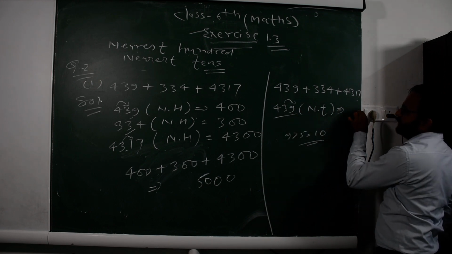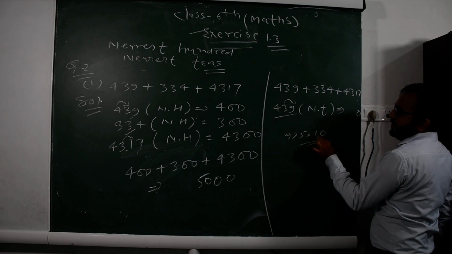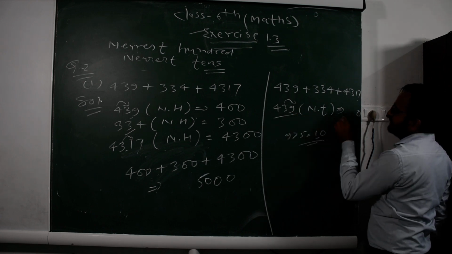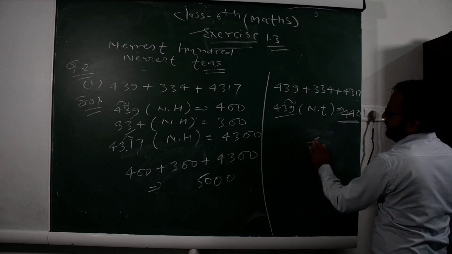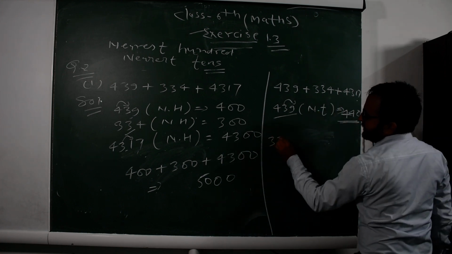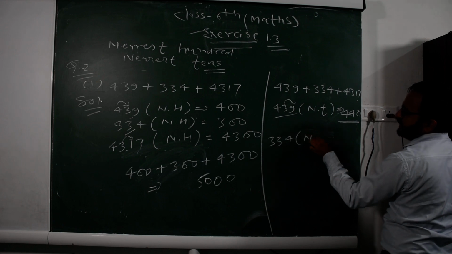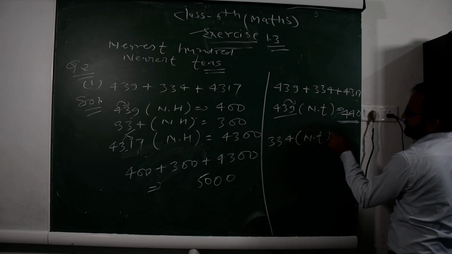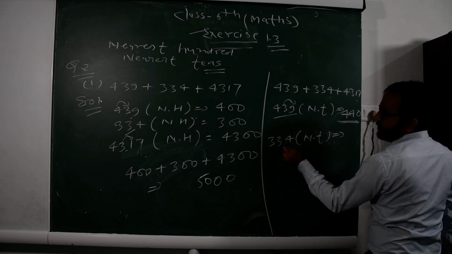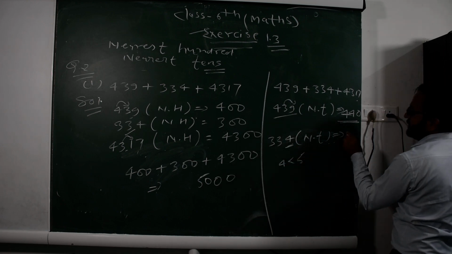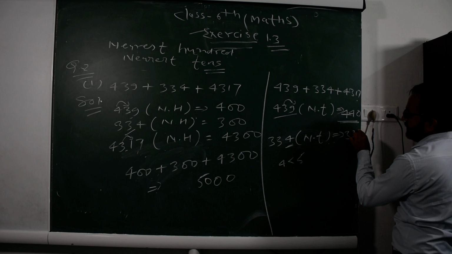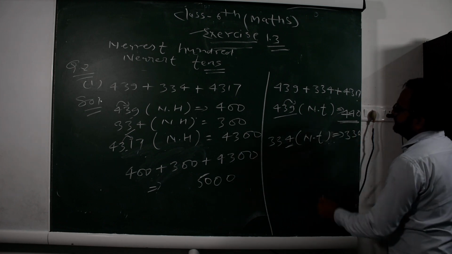So we put 0 and 1 plus 3, 4, 440. Again 334, nearest 10. 4 is less than 5, we put as 0. 330.